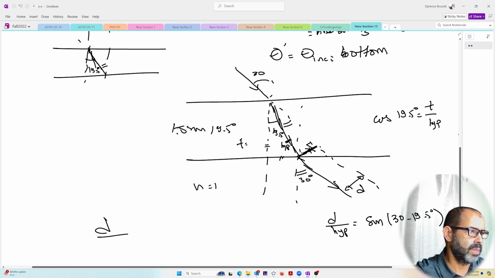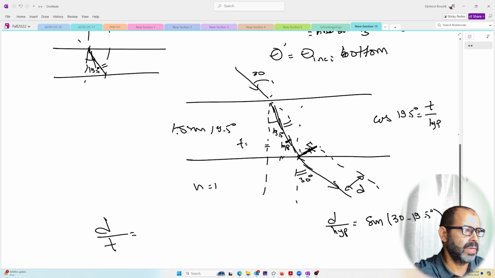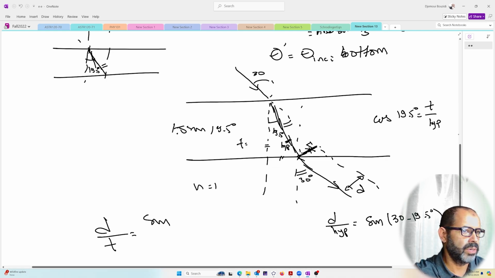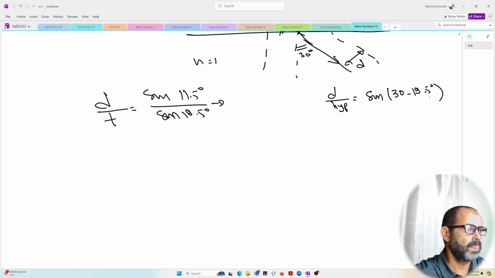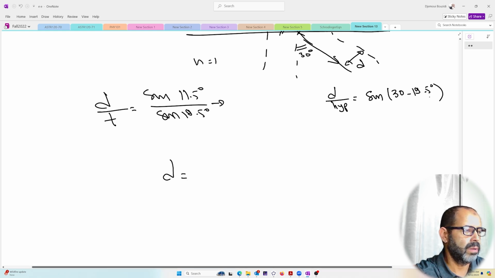So that's going to give me D over T, the thickness of the paper, the medium, is equal to the ratio of the sine of the difference between 30 and 19.5, that's 11.5 degrees, divided by the sine of 19.5 degrees. Then from here, we're going to pull the thickness, I mean the separation, how much they shift.